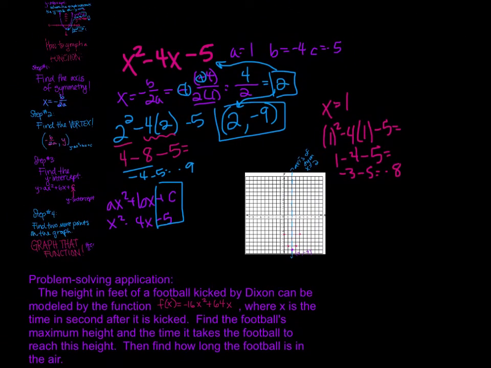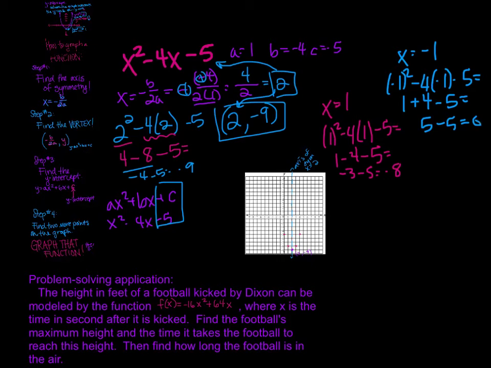So if we had x is equal to negative 1, what is the corresponding y? So we have negative 1 squared minus 4 times negative 1 minus 5. Negative 1 squared is a positive 1. Negative 4 times a negative 1 equals plus 4, and we're subtracting 5 from that, so we have 1 plus 4 is 5, minus 5 is equal to 0.